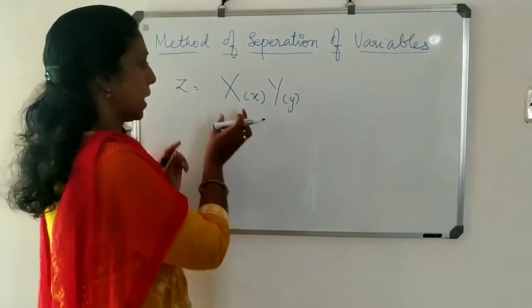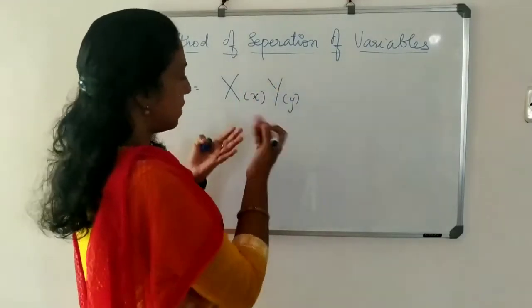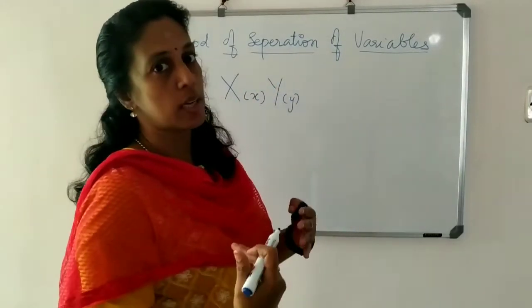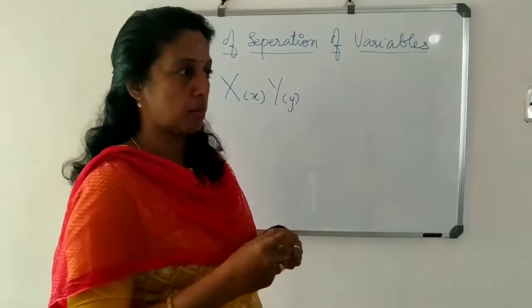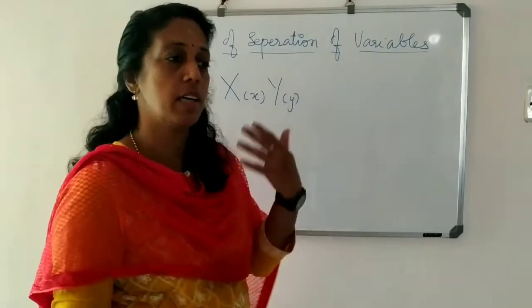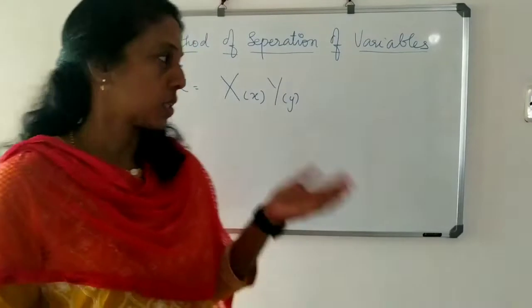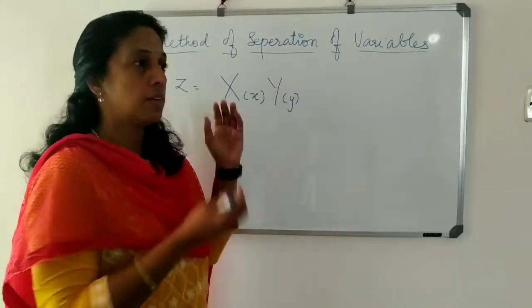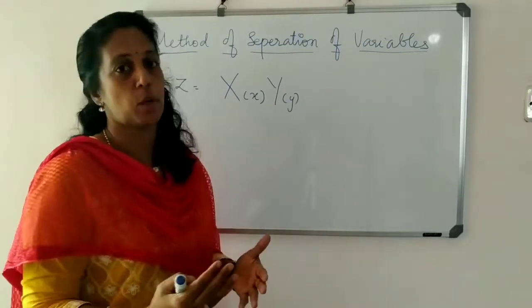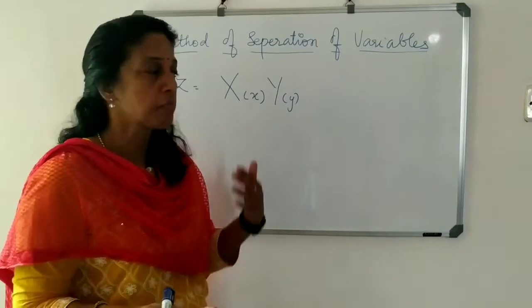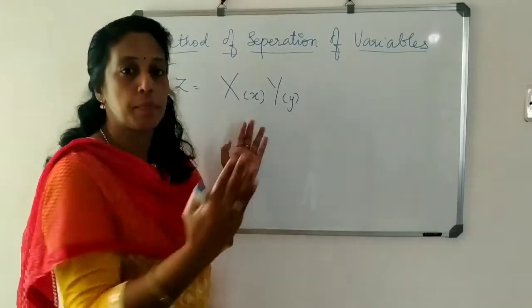And we will take the derivatives required for solving the problem, like first order derivatives, second order derivatives, or any higher order derivatives. We will substitute them in the concerned differential equation, and then we will separate the variables.